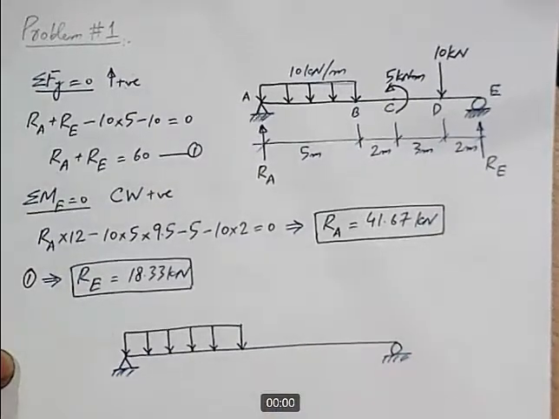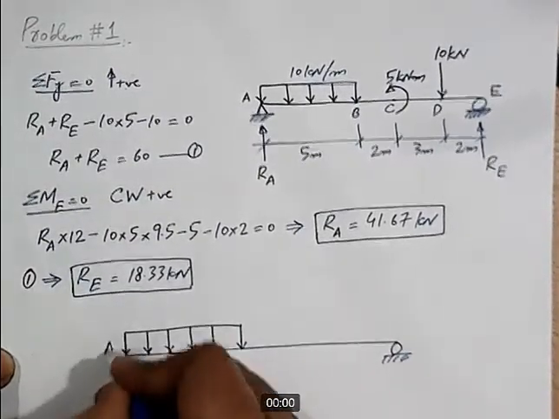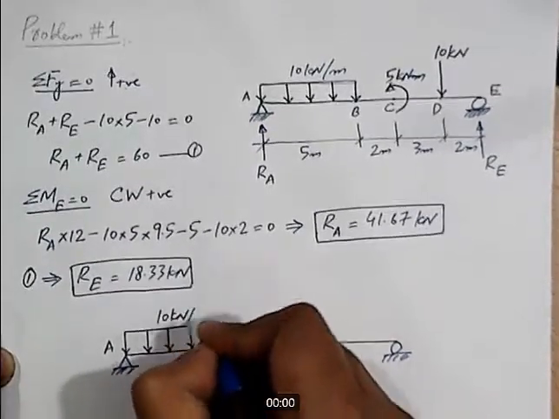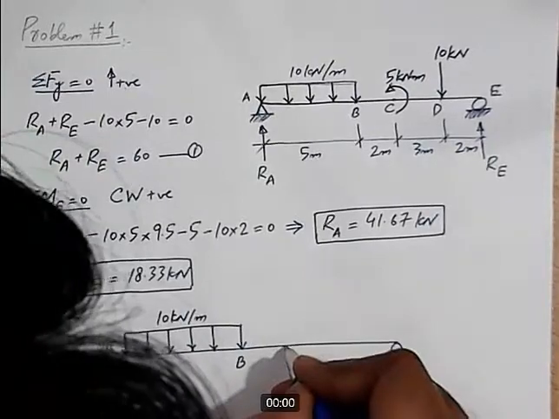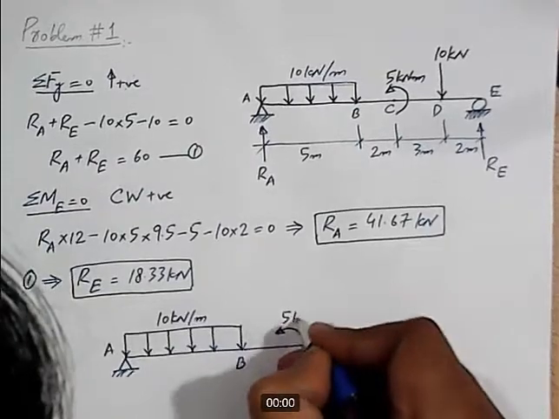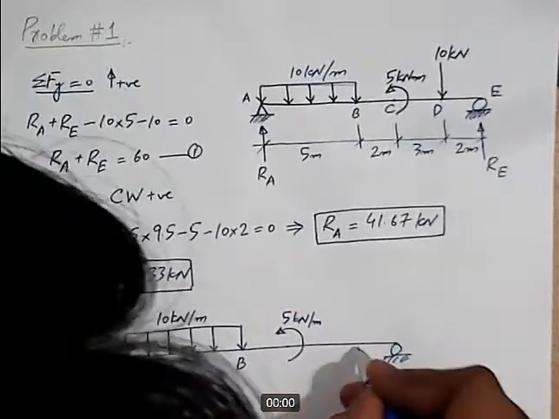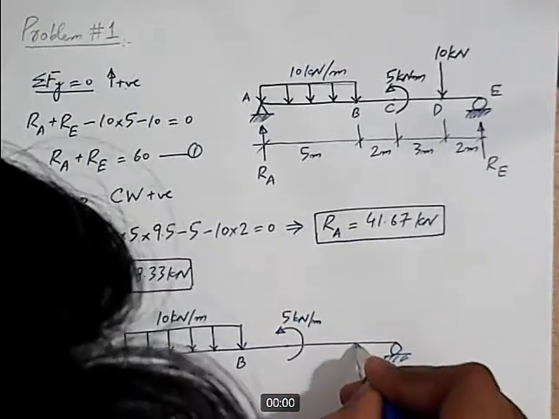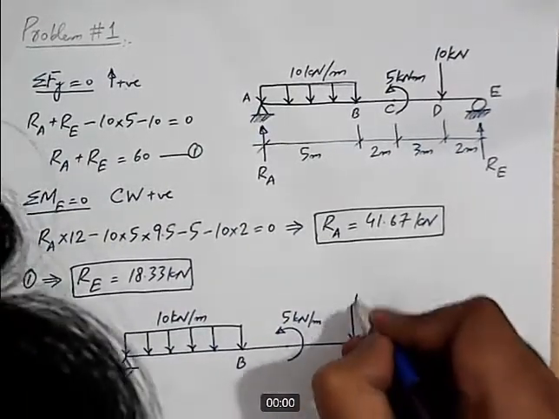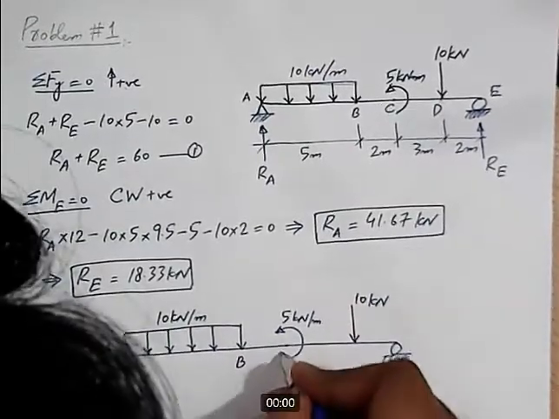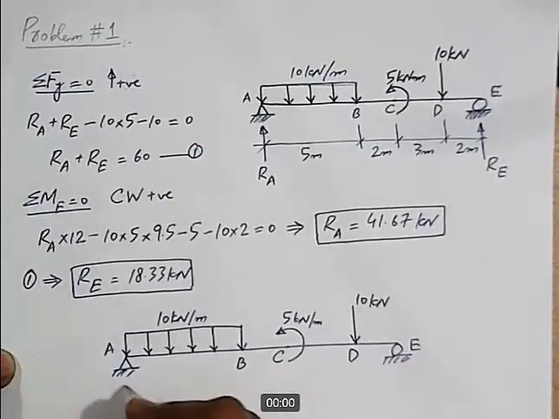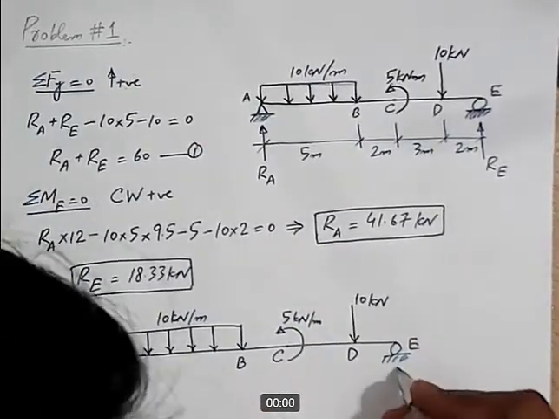So we have this UDL acting from point A to point B with a magnitude of 10 kilonewton per meter, and we have a point moment of 5 kilonewton meter, and a point load acting in the downward direction with a magnitude of 10 kilonewton. C, D, and E. Reactions are known now.